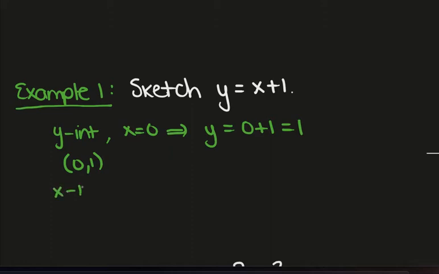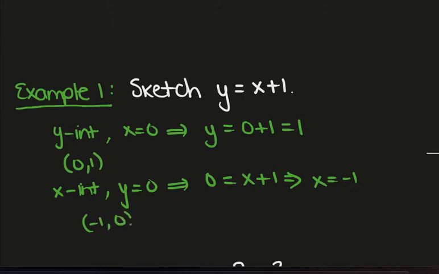If we want the x-intercept, then what we'll do is we'll set y equal to 0. And then we see that 0 equals x plus 1. And that tells us that x equals minus 1. So the coordinates of the x-intercept are minus 1, 0.